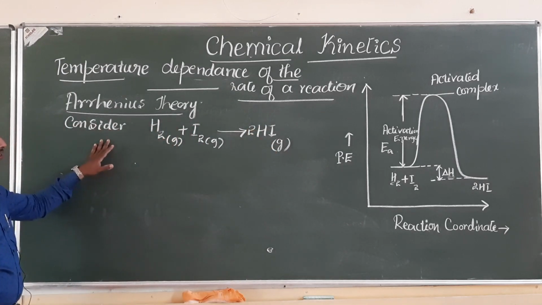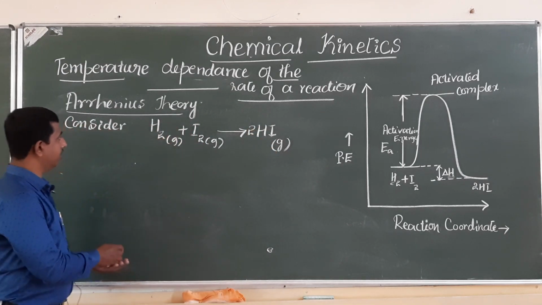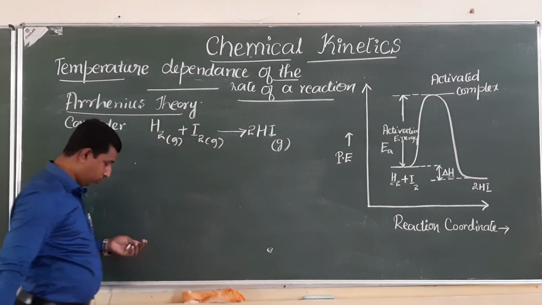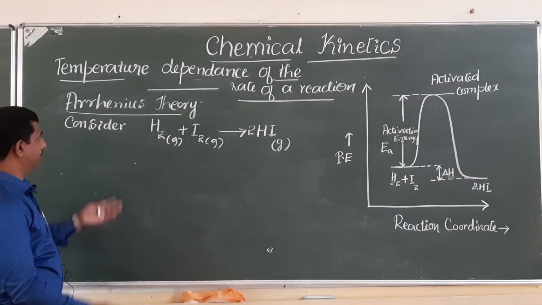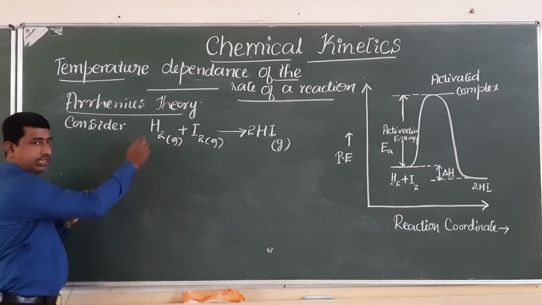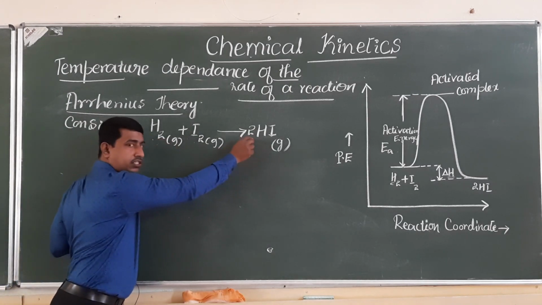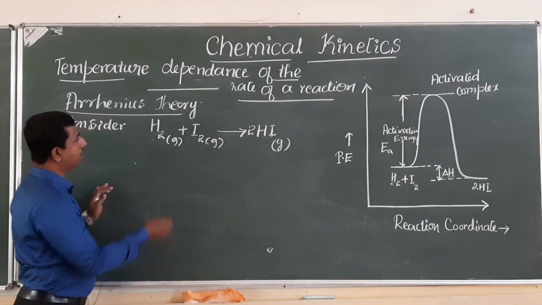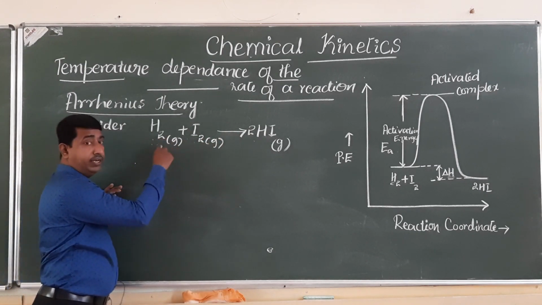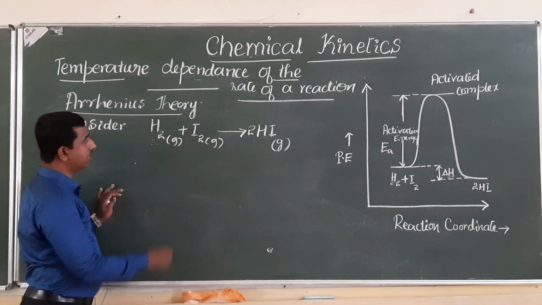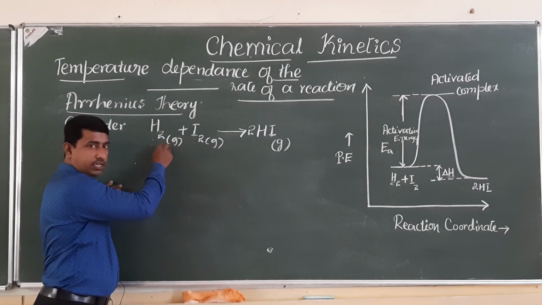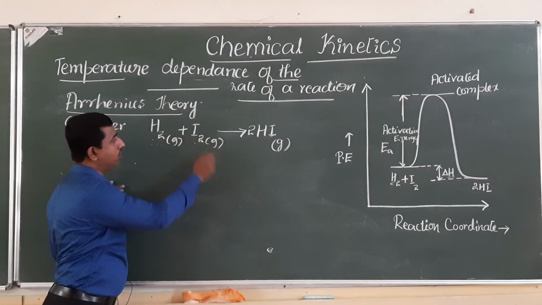So, let us consider a simple reaction, that is hydrogen combining with iodine to give hydrogen iodide. Now, according to Arrhenius, this reaction, that is formation of hydrogen iodide, is possible only when collision occurs between the reactant molecules. It is possible when molecule of hydrogen collides with molecule of iodine.